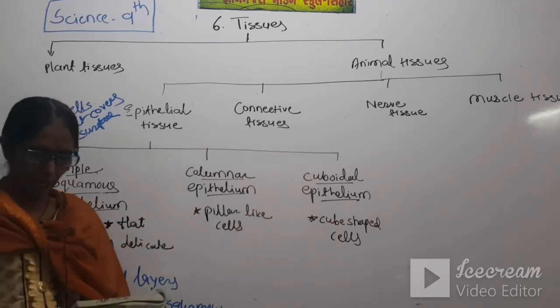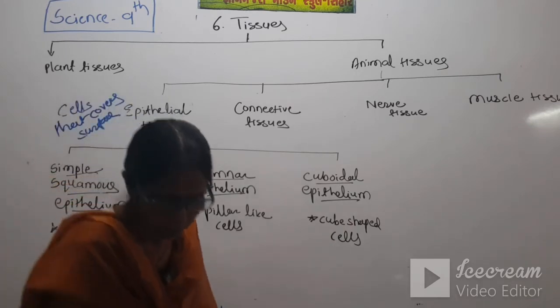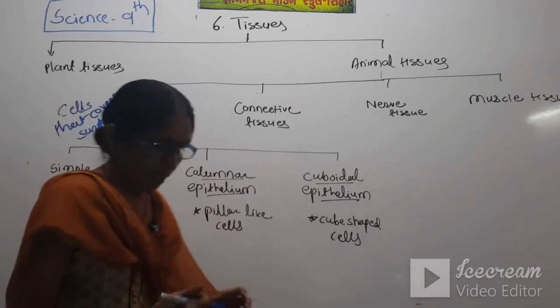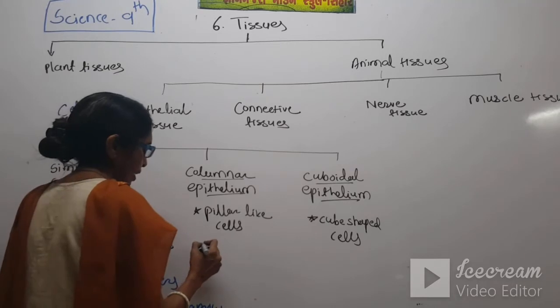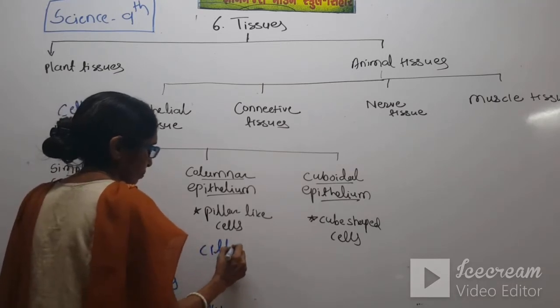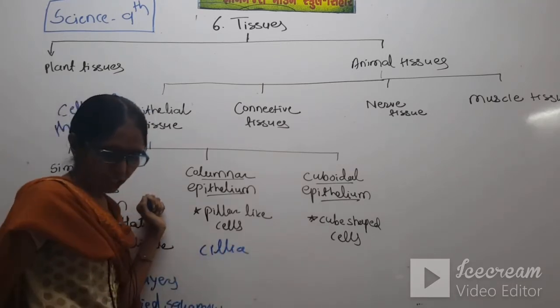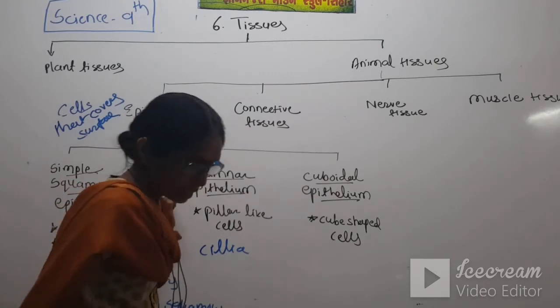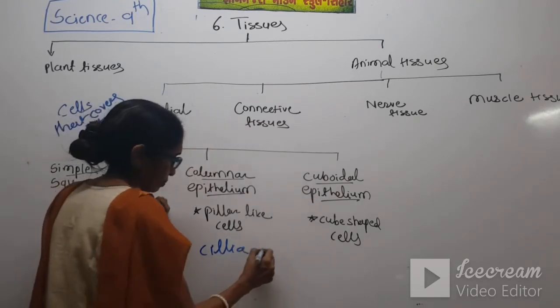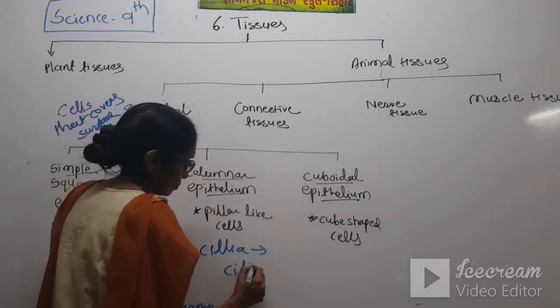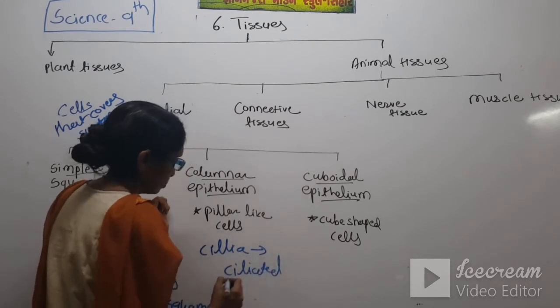Now suppose they have cilia, meaning hair-like structures, then they are called ciliated columnar epithelium.